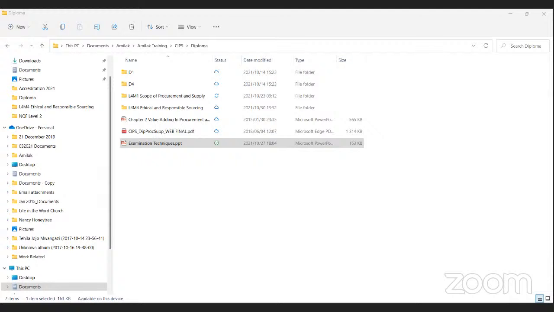If they're asking you to identify some direct spend categories that are related to the case study, be sure to read through the case study, understand what are the direct spend items that a company would procure as per the case study that you have been given. Do not go off on a tangent and do theory dumps and leave your case study reference behind. So please take good care of that.